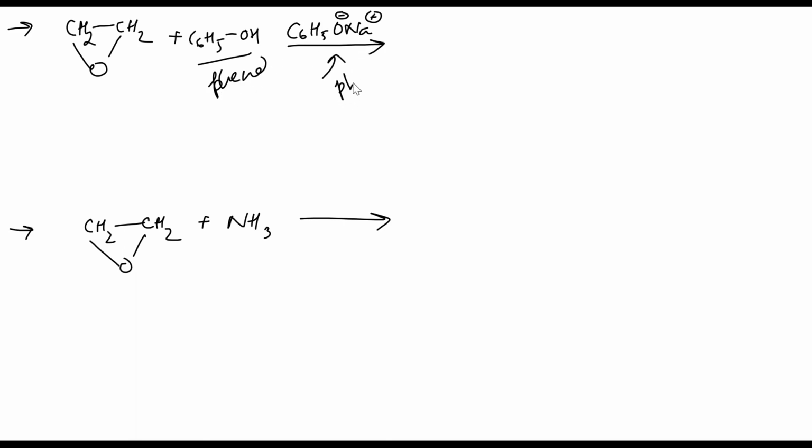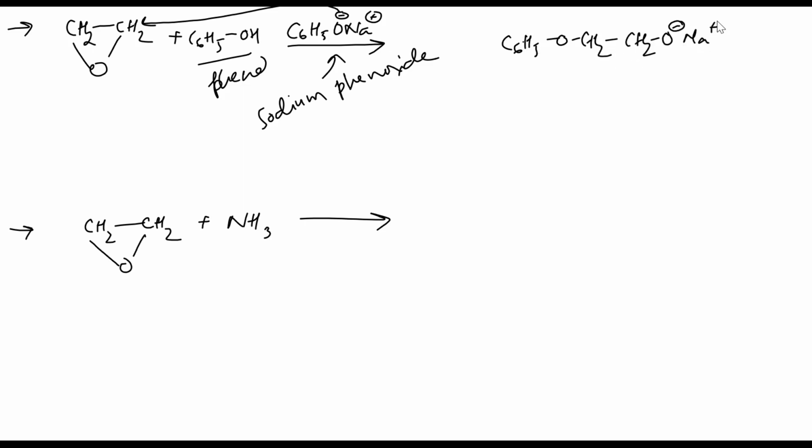This O minus will attack the carbon, and there will be formation of C6H5OCH2CH2O minus Na plus, and then there will be proton abstraction from phenol, and there will be formation of C6H5OCH2CH2OH alcohol.